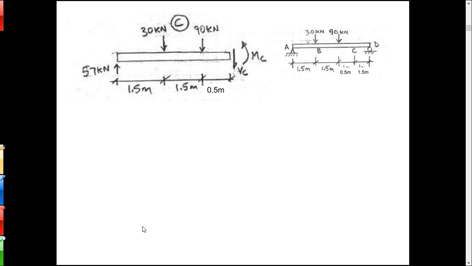This is some Fy and some moments about that cut.